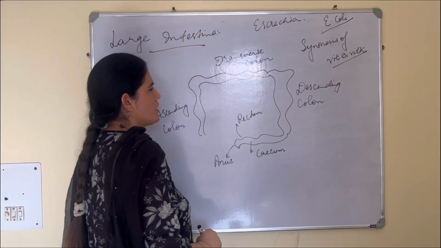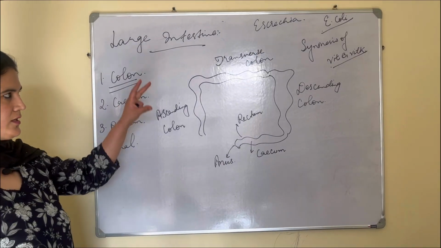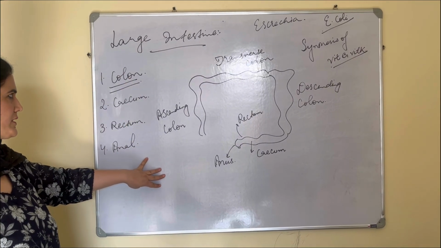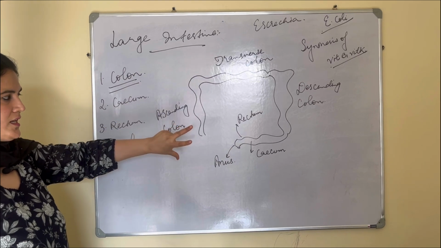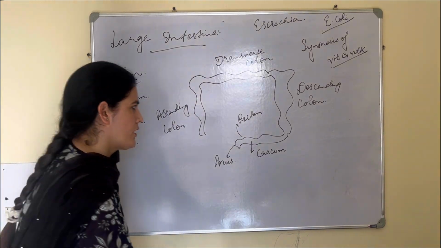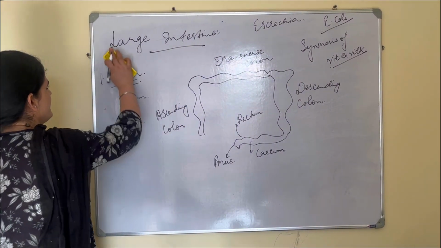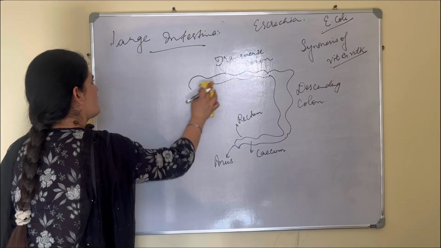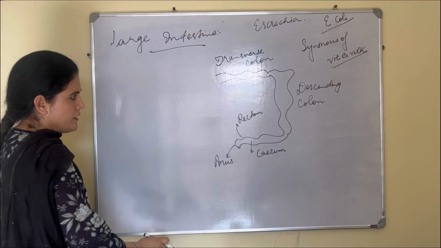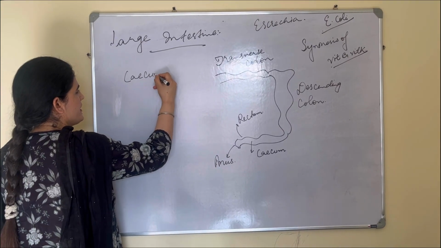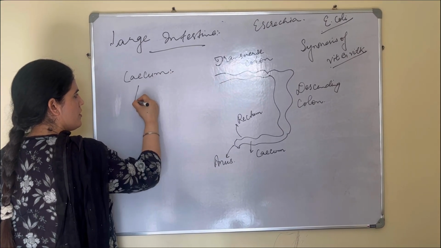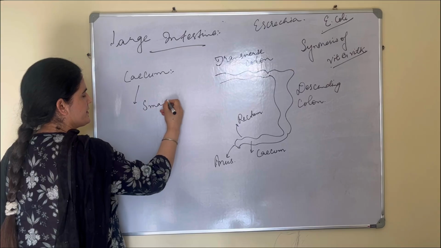So Escherichia coli, which helps in the synthesis of these vitamins. Then we have the cecum part. What the cecum does, students, is receive food from the small intestine.